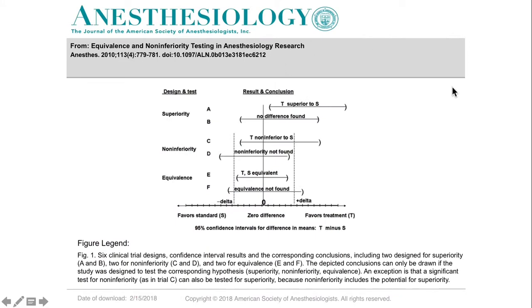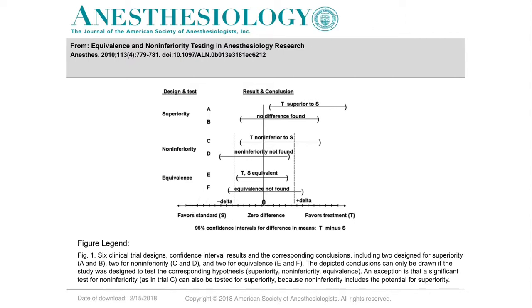If you want to read a little more on equivalence and non-inferiority testing in anesthesia, you can look at this, but this is a nice figure. Here we have what's called a 95% confidence interval, and we'll talk about that a little later.